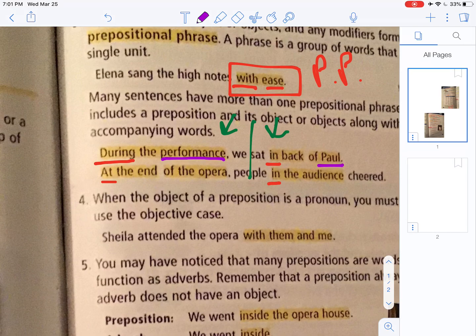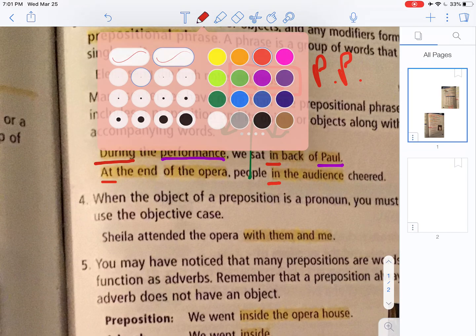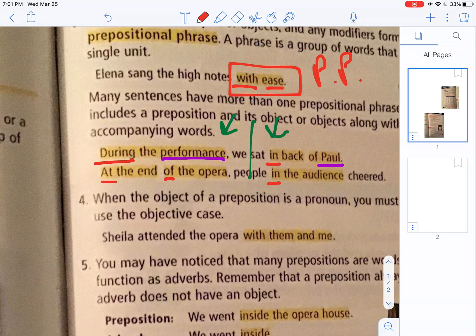So at the end, oh, I'm so sorry, I missed one. Here is another preposition, of. So in this case, you have three prepositions, at, of, and in. And in this sentence, the object of the preposition for at has to come before the word of. At what? At the end. Of, what is your object?